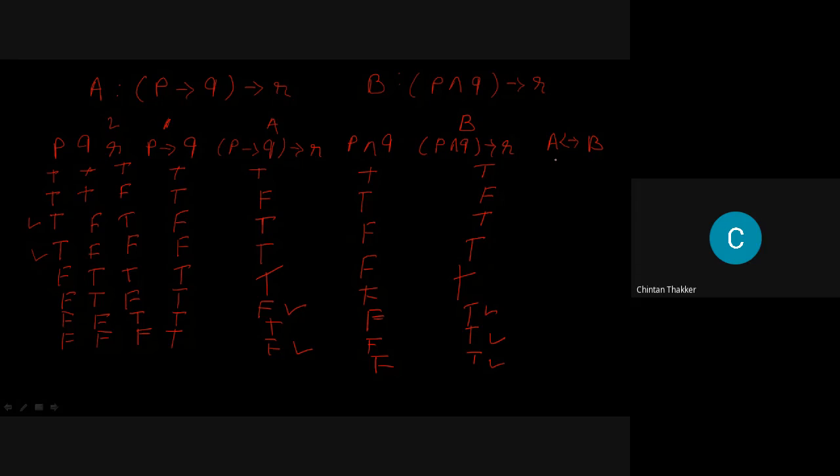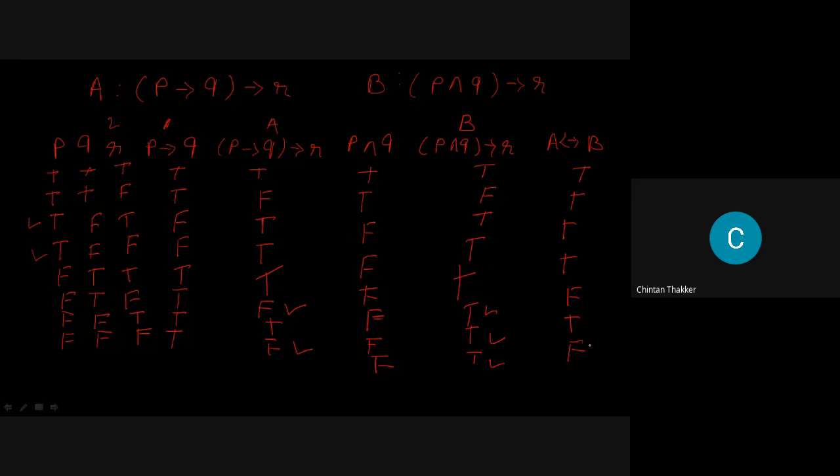So for A if and only if B, we have T, T, T, T, F, T, F. This way we get a contingency, not a tautology.